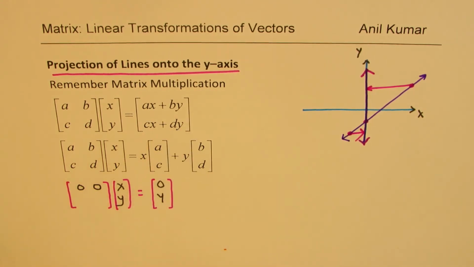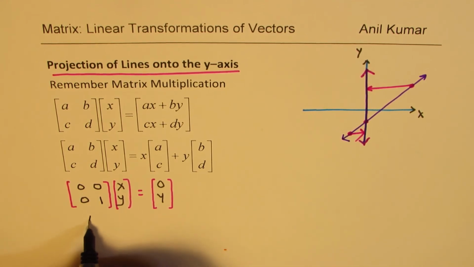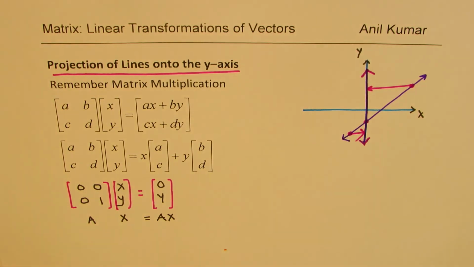So how can this be y? It could be y only if d is 1. So we get 0, 1, and that becomes a transformation matrix, which when multiplied by x will give us a vector of this form. Perfect. So the transformation matrix which we learned helps us to also transform a line segment or a line on the y-axis. Right? So that is the projection of a line on the y-axis.